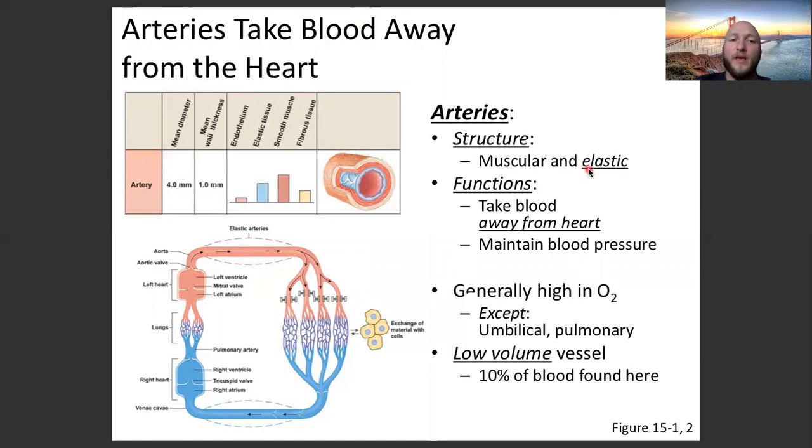So let's think about pressure. Remember, blood moves from high pressure to low pressure. Arteries need to maintain higher pressure than veins. And it's this elastic characteristic that allows them to constantly maintain a higher pressure than the capillaries and the veins downstream.